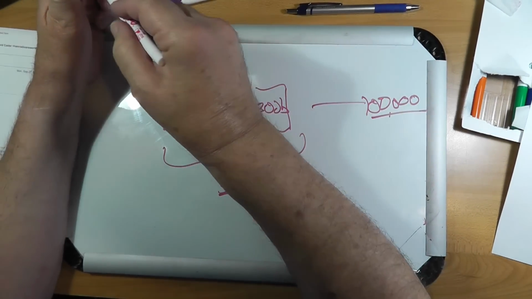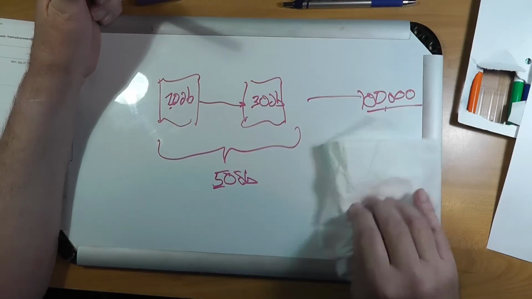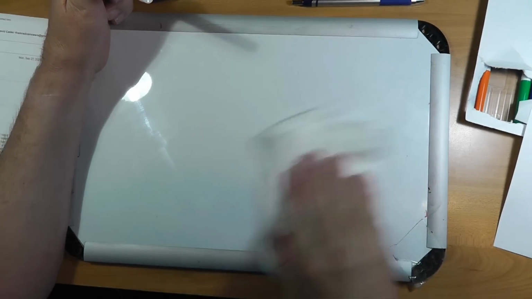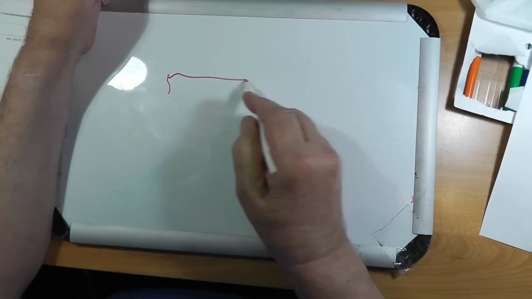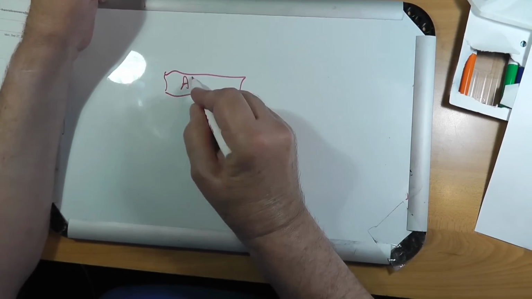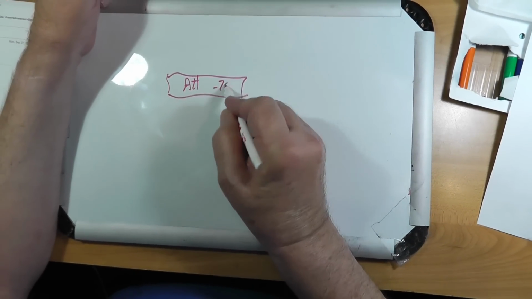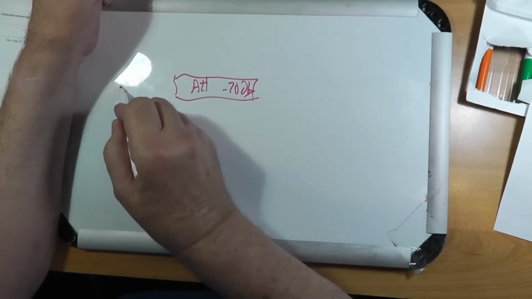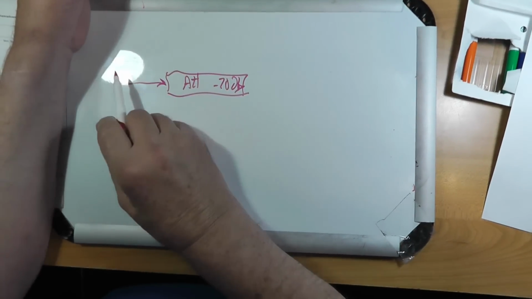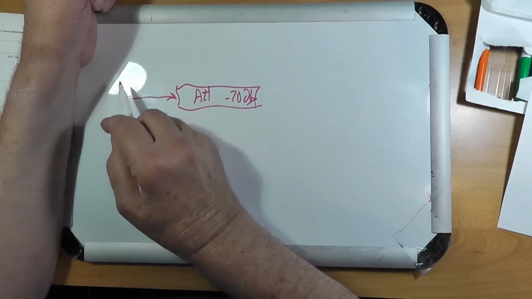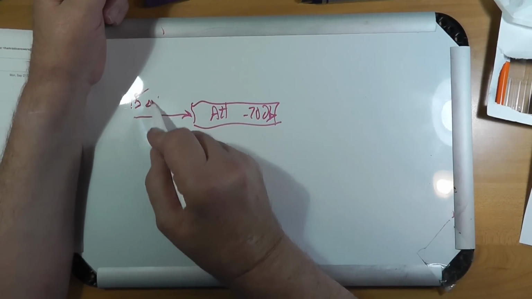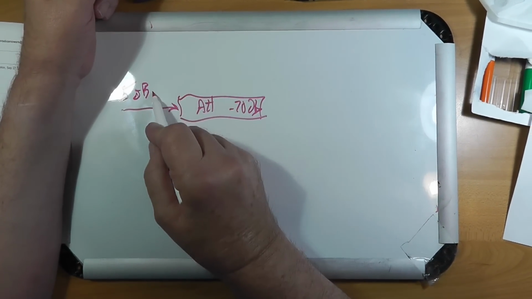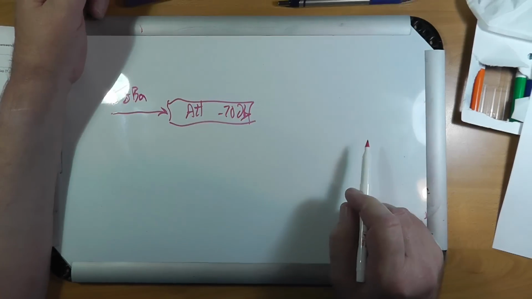Now, the nice thing, you see this used in audio. For example, if you have an attenuator and it's minus 20 dB, then the signal comes in here at, say, 15 dB referenced to the A audio scale.